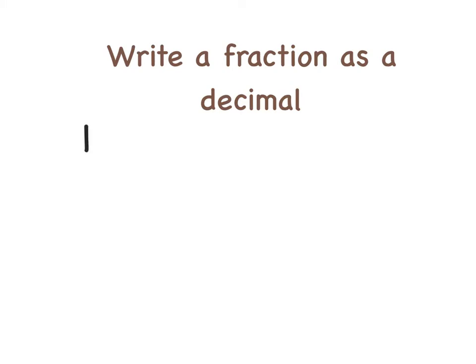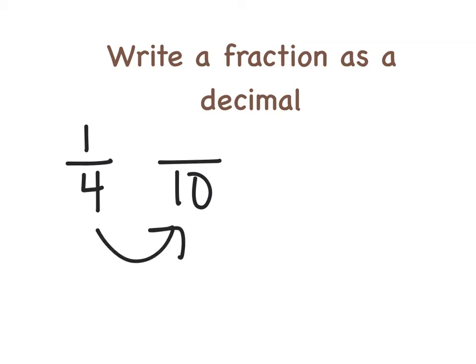What if we had 1/4 and we need to write that as a decimal? I could either do 1 divided by 4, or I could find something that is equivalent like I did in the last example. The only unfortunate thing is that if I want to put a 10 at the bottom, like in the last example, 4 does not go into 10, so I can't do that. However, hundredths are also pretty easy for us to work with because you've learned about hundredths in the past.